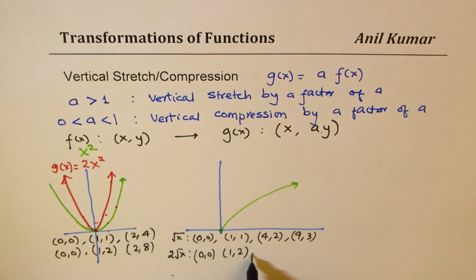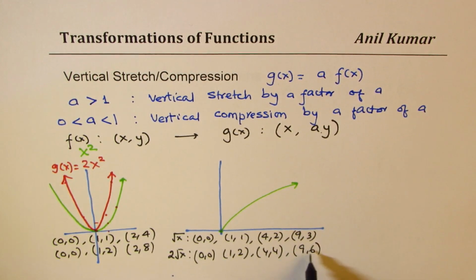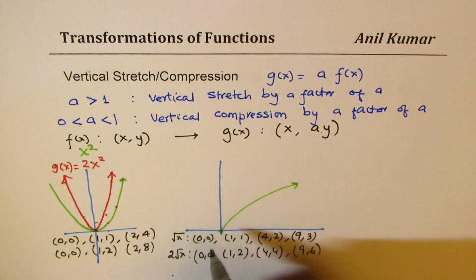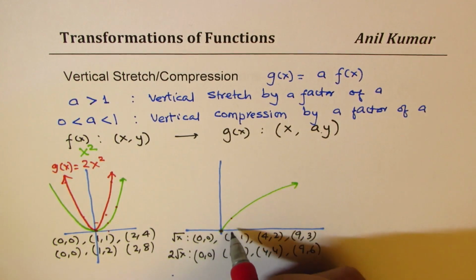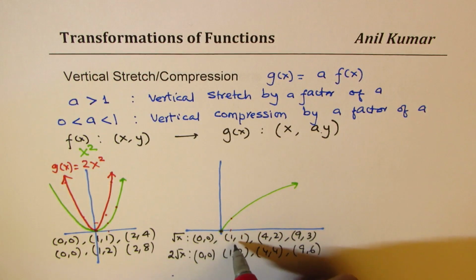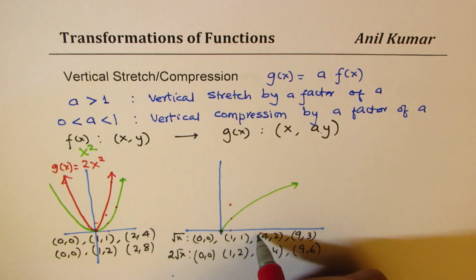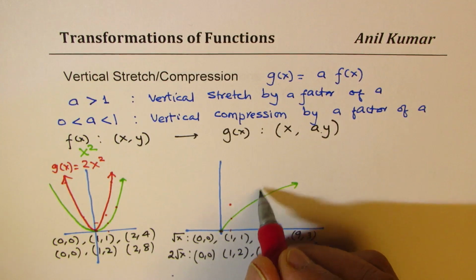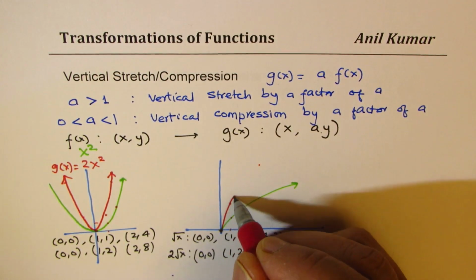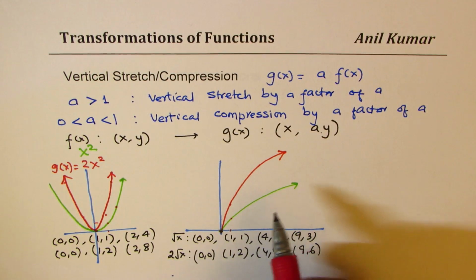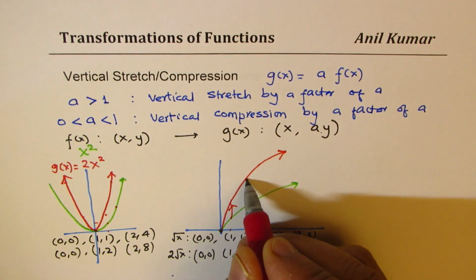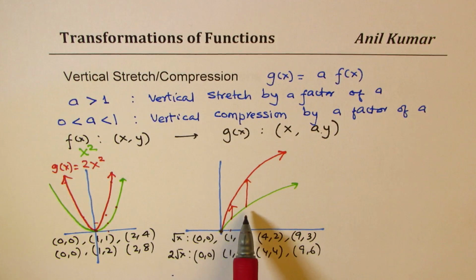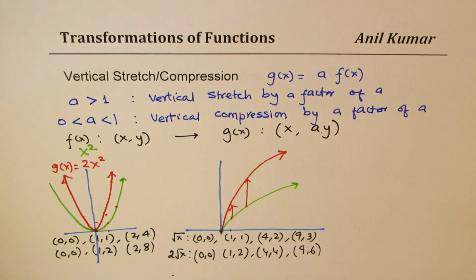You get the idea, right? So it will become as shown here. 3 times 2 is 6. So for the y values, 0, 0, let's say 1, 1, it gets multiplied. For the same value of 1, we get 2 instead. For 4, if it is 2, it'll double up. So the graph will look kind of like this. Each point gets stretched to twice its original value. That's what we mean when we say vertical stretch. I hope you understand it, right?